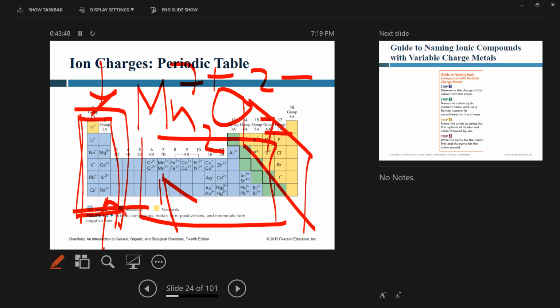So you know automatically if it's calcium, it has +2. If it's sodium, it has +1. If you talk about iron or cobalt or nickel or copper, you need to let people know. Are you talking about iron 3, copper 1, cobalt 2? Does that make sense? Did I answer? Good. Awesome.